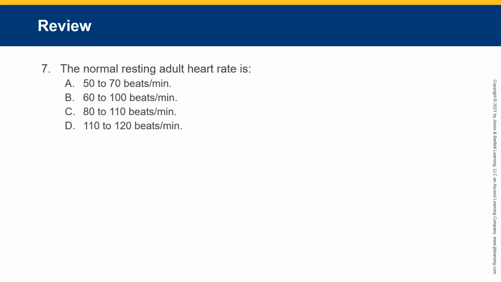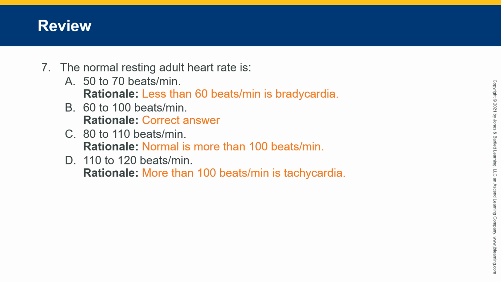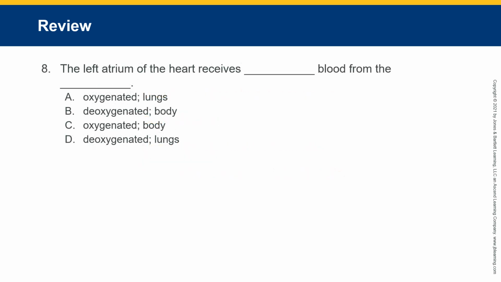Normal resting adult heart rate is 70, 60 to 100, 80 to 110, or 110 to 120. The left atrium of the heart receives blank blood from the blank.